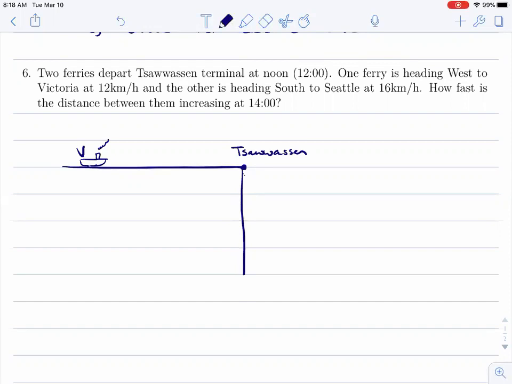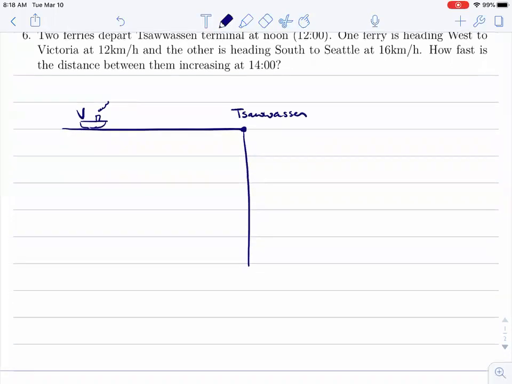I guess it's moving faster, so it's going to be longer. There. And this guy, let's see if I can draw. Nope, the boat looks the same. Even though it's faster, it'll be a sailboat, sort of. And this one's heading to Seattle.